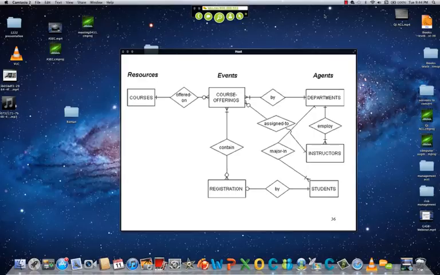Let's stop here. Courses and course offerings is a one-to-many relationship. It's mandatory on the courses side and optional on the course offering side. This is a very rigorous way to call it. Now how do we explain this?